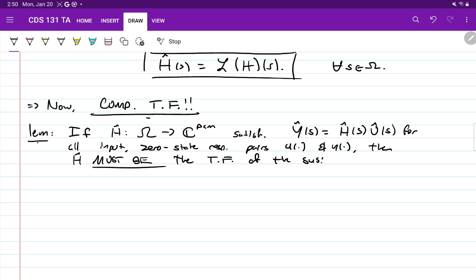So if I give you a function that has this property for all arbitrarily transformable inputs u hat and their corresponding outputs y, then that function needs to be the transfer function of my system.